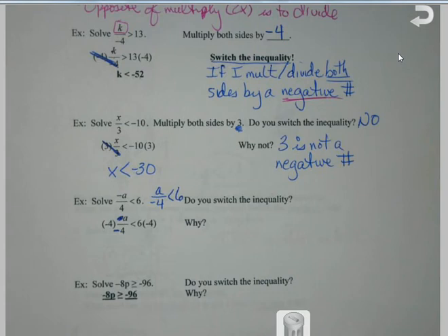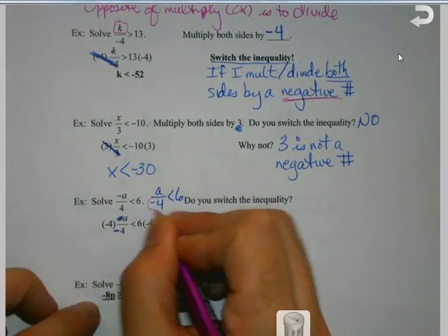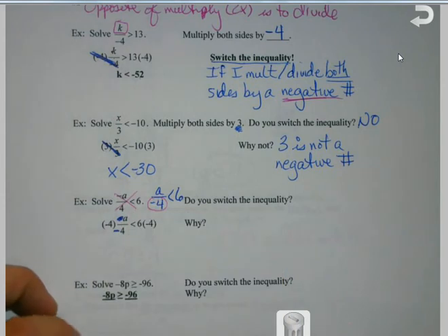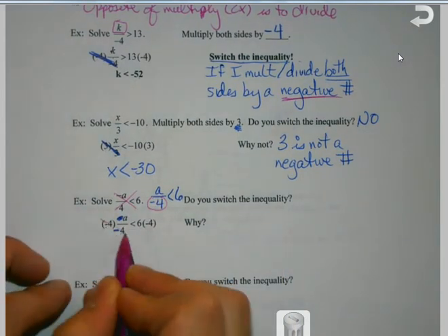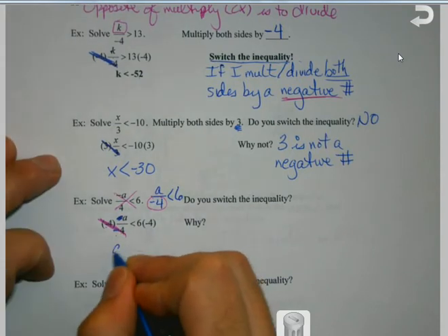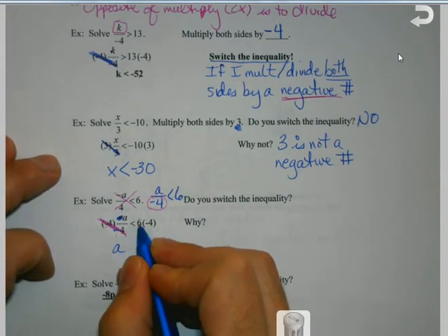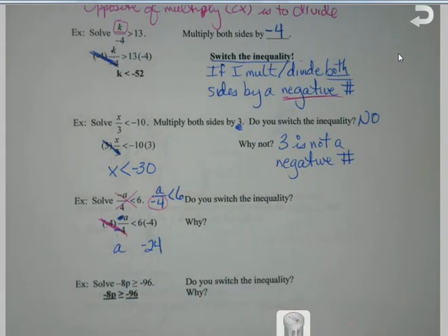So just like we did on the others, since I'm dividing by negative 4, we don't want that, I'm going to multiply both sides by negative 4. It's going to save me a step. So this is still a. 6 times negative 4 is negative 24. Do I need to flip the inequality arrow this time?